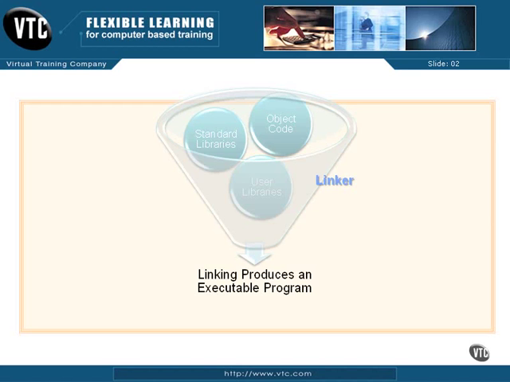I want you to understand the difference between source code, which is what you can easily read, written in a form of English, object code, which is the output of the compiler, and then executable code, which is a combination of object code and other standard libraries and maybe even some user libraries so that we can get an executable program to run.